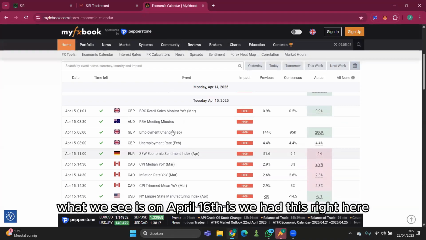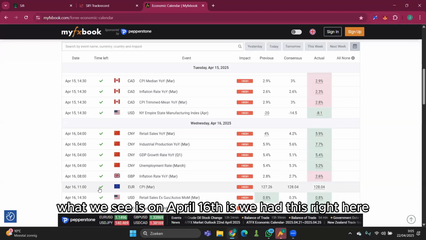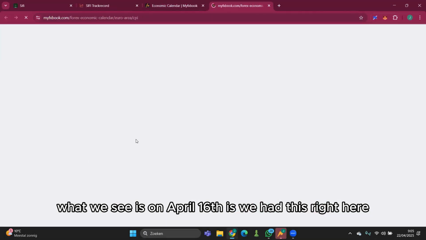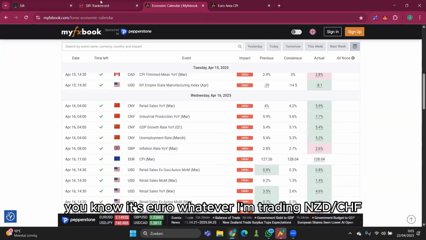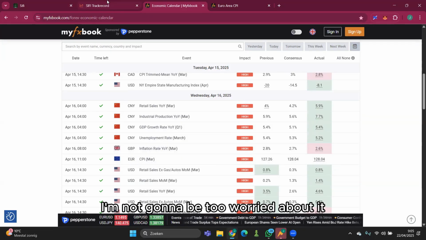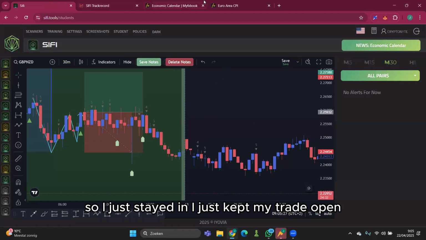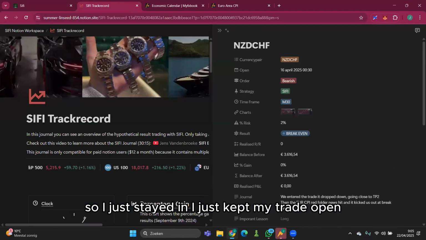Now, what we see on April 16th is a Euro CPI. And I was like, it's Euro, whatever. I'm trading NZD CHF. I'm not going to be too worried about it. So I just stayed in. I just kept my trade open.